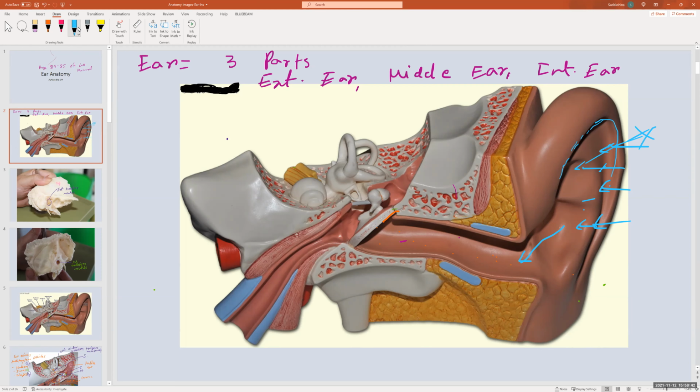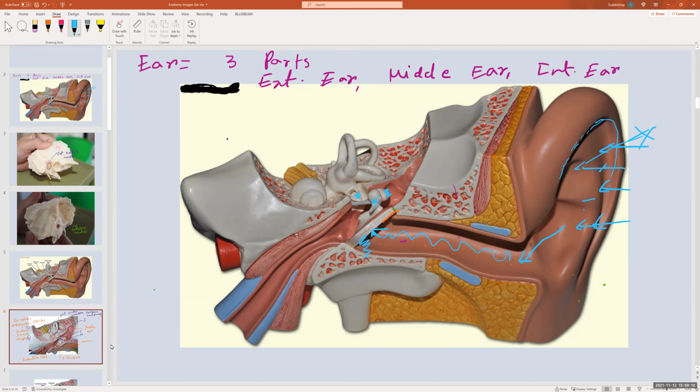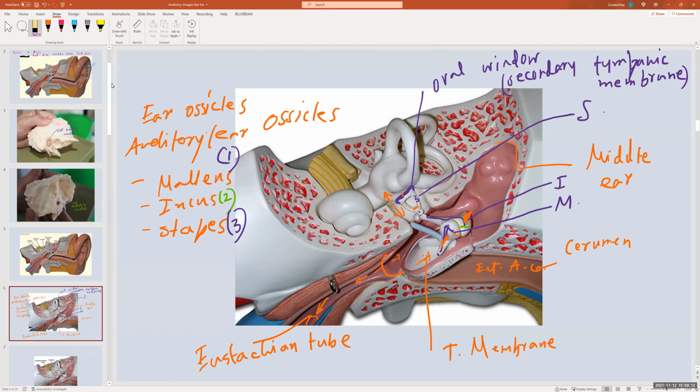So the sound wave travels into the external auditory canal, hits the tympanic membrane. Tympanic membrane vibrates, oscillates. When tympanic membrane vibrates, malleus vibrates, which in turn vibrates the incus, which in turn vibrates the stapes. And as we saw before, stapes basically goes back and forth.